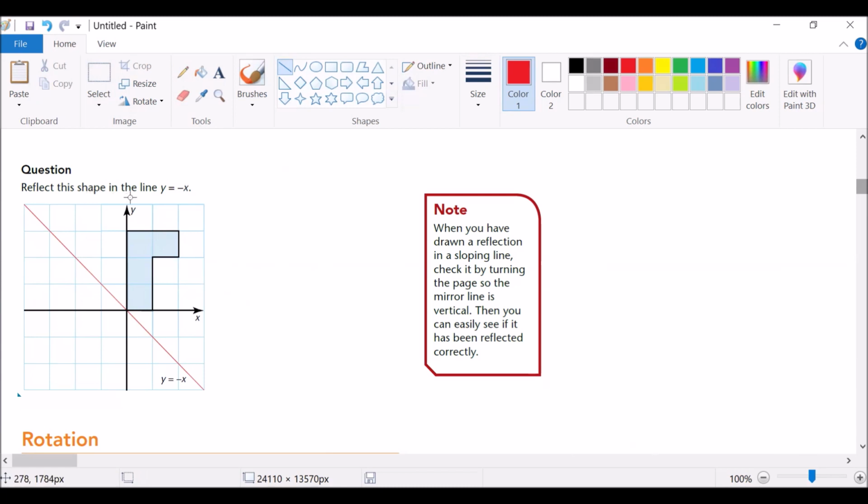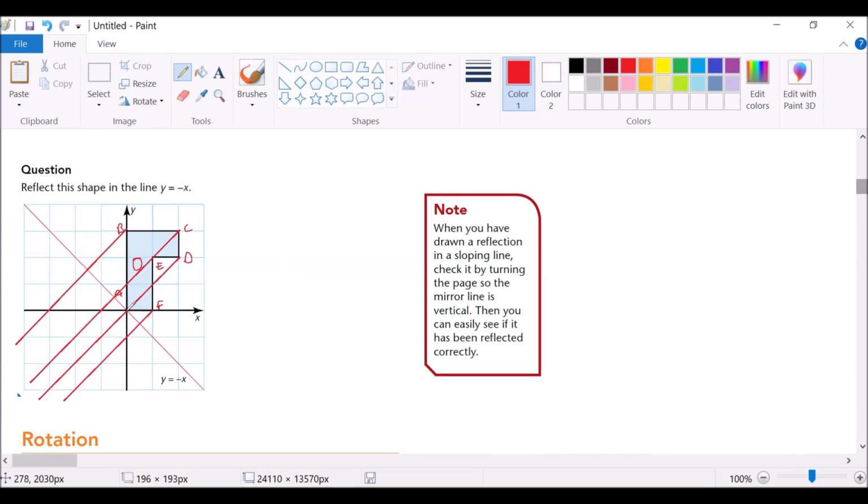Let's look at this question. Reflect this shape in the line y is equal to minus x. We are given the line y is equal to minus x, and this is our object. So we can label the vertices A, B, C, D, E, F. Now we draw perpendicular lines to the mirror line from our vertices.